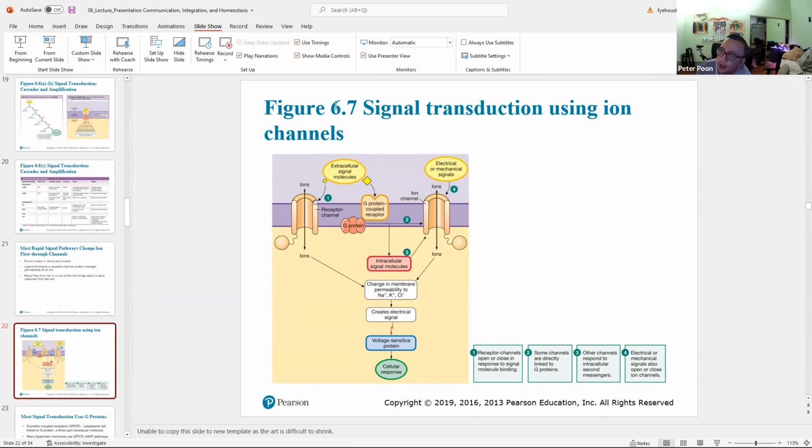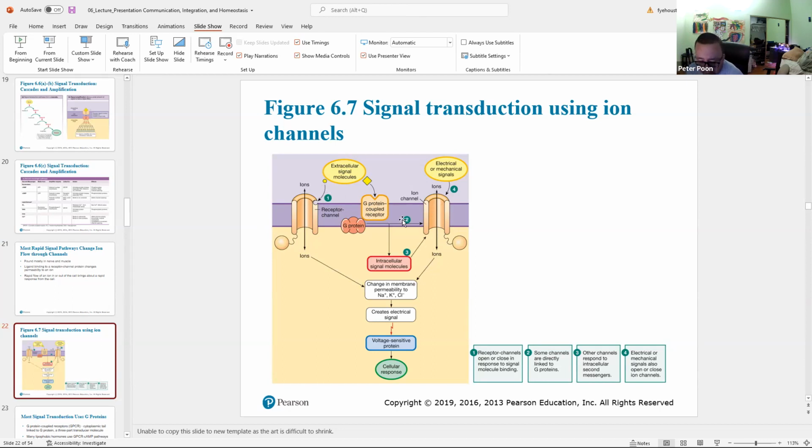Signal transduction using ion channels. The first thing that happens is you either have an ion binding to the channel itself, and it opens the channel, or you have a signal binding to the G protein, which opens the channel. Either way, the channel opens.